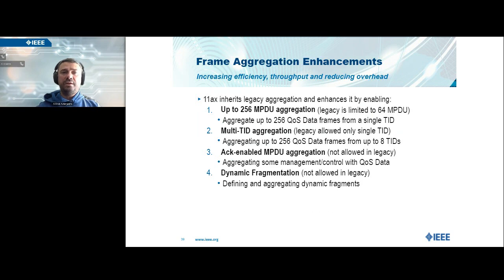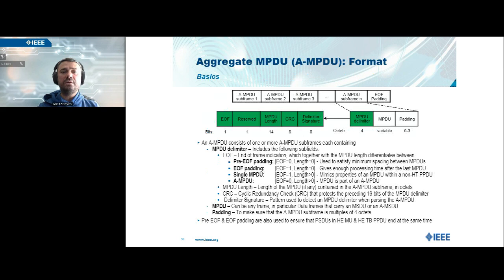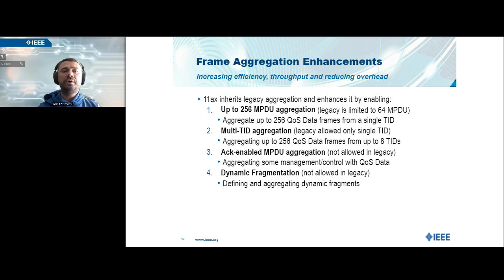In terms of enhancements to frame aggregation, everything we spoke about up to here is aligned to what baseline is doing. So we are relying on baseline aggregation of MPDUs to perform the enhancements in 11ax. The enhancement is that we increase the aggregation capabilities to up to 256 MPDUs, as opposed to 64 MPDUs in baseline.